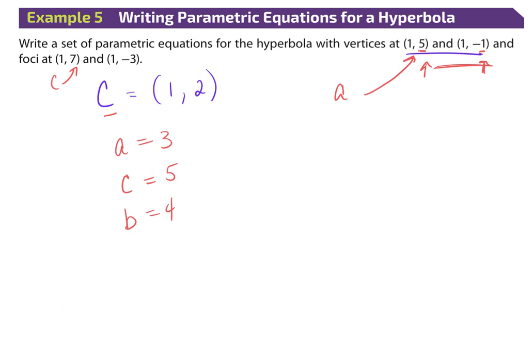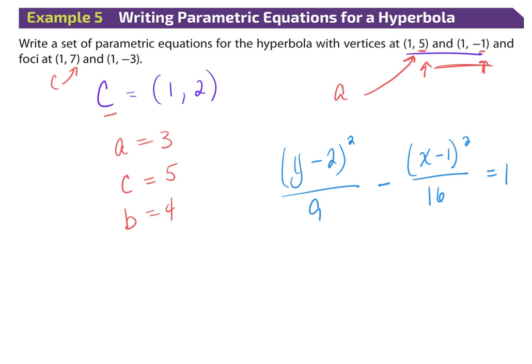Your h stays with your x, your k stays with your y. So it's going to be y minus my k value, which is 2, quantity squared, over my a squared, 9. It is going to be minus. And then my h stays with my x value over my b squared. And that equals 1. All right?